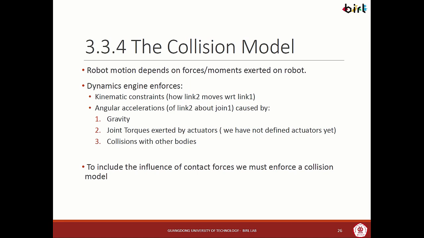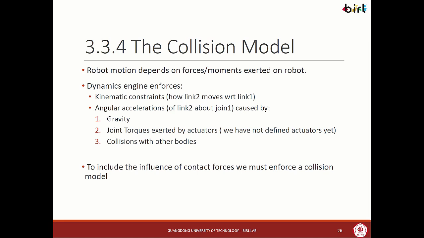When we say dynamics engine, it can also be physics engine, and forces, kinematic constraints. How link 2 moves with respect to link 1, right? Like they're connected, they're not going to get disconnected. Yeah, you're controlling that. It enforces angular accelerations.